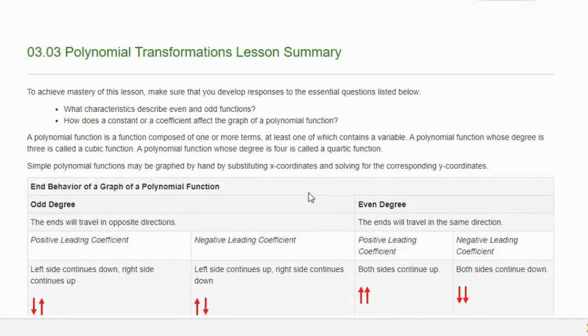So here's our lesson summary. What characteristics describe even and odd functions? That's pointing up, pointing down on the ends. And how does a constant or a coefficient affect that? Well, the coefficient can make it reflect downward, change that. The constant can make it skinnier or wider.